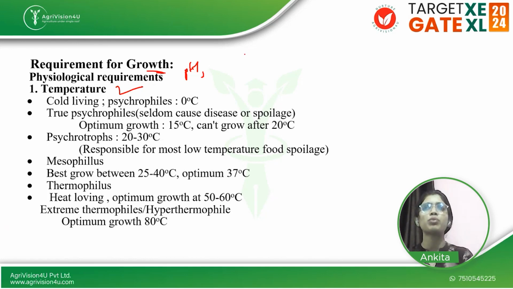So suppose you are doing any type of culture technique, the pour plate method or streak plate method, to see the number of colonies. After culturing, you keep it in an incubator for a certain period of time at a particular temperature. That temperature is set.